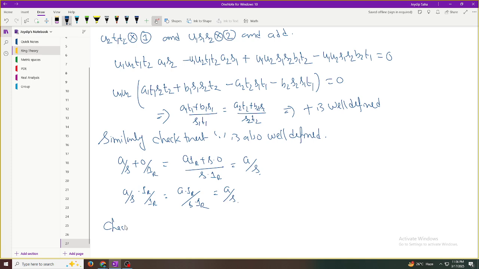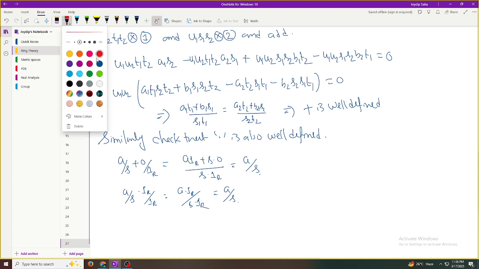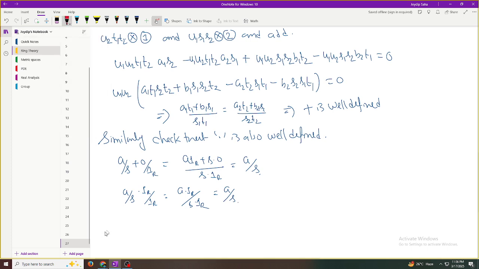Check that S inverse R with plus and dot is a ring, a commutative ring.